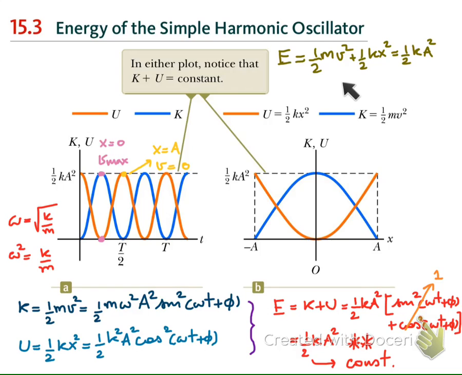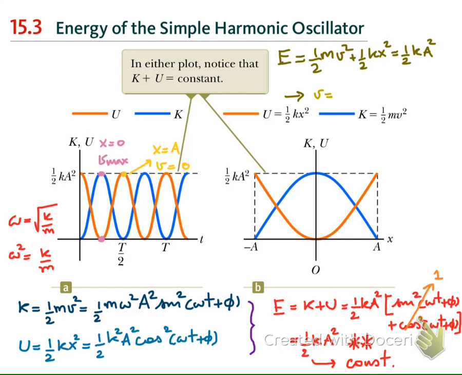We can solve this equation to get v as a function of x, and if you do that, you will have that v is equal to plus or minus the square root of k over m times A squared minus x squared.